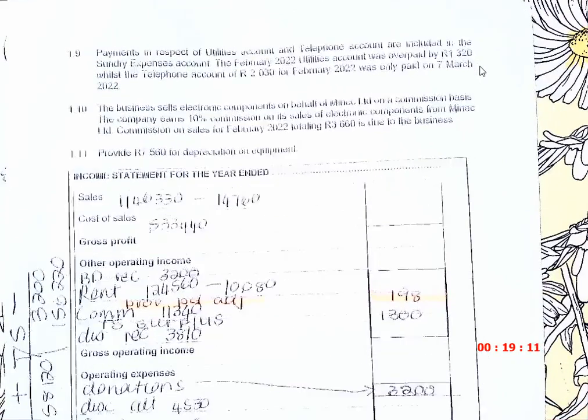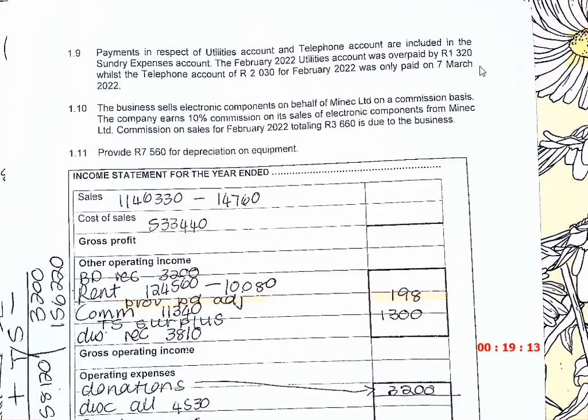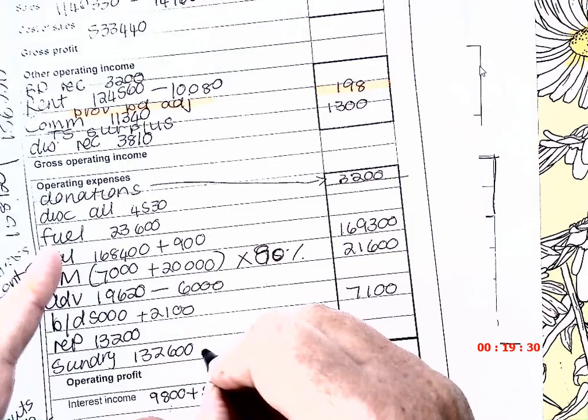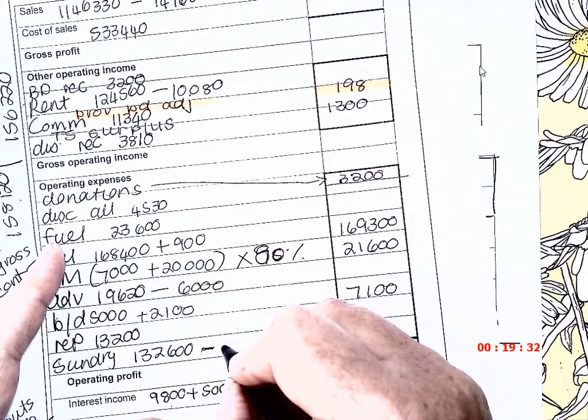Okay. Payments in respect of utilities. What is utilities? It's your water and electricity. Account and telephone are included in sundry. Utilities was overpaid. So it's a prepaid, with what? 1320.